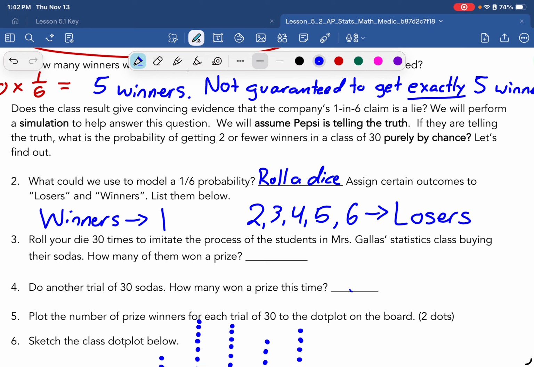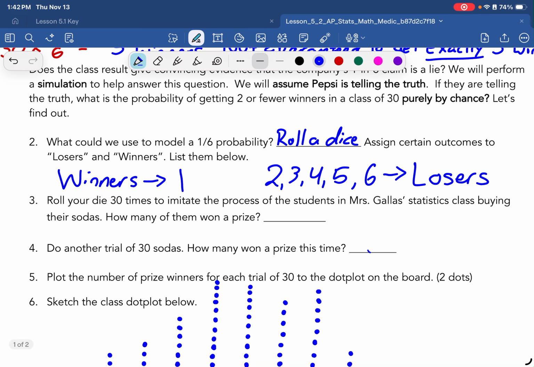Now, you would want to state that the losers are not just everything else. It's 2, 3, 4, 5, 6. Because once we roll our dice, we want to see, did they get a 1, or are we a 2, 3, 4? They each have their own number assigned on each side. We just want to assign what that number means in this simulation.